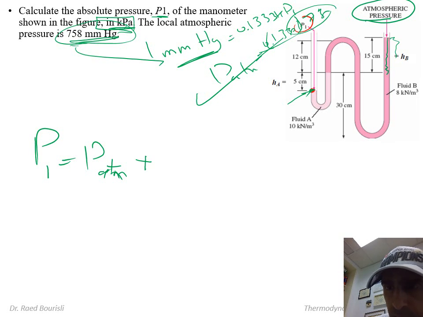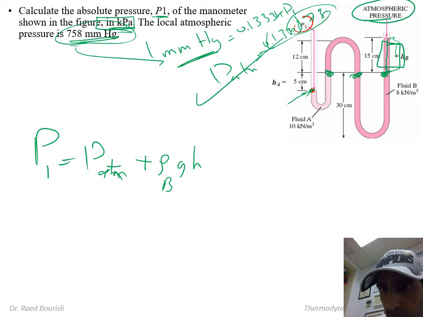So I'm adding this: rho of fluid B, g, and then HB.